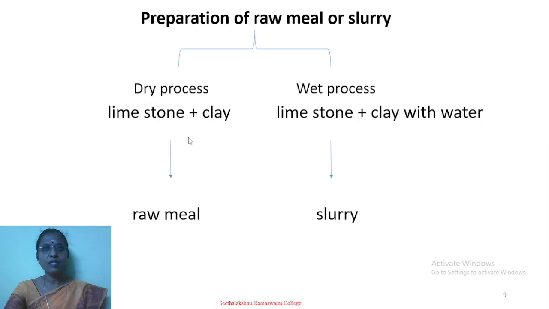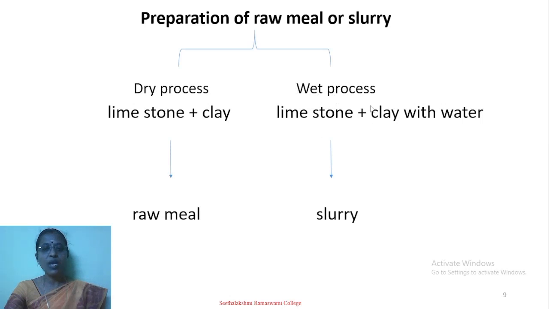In this process, the limestone is first broken into small pieces and mixed with clay, then pulverized. The pulverized mass passes through 100 mesh. The homogeneous mixture obtained is known as raw meal.